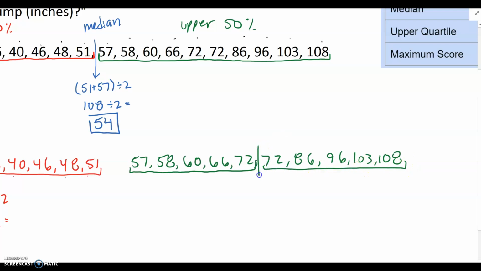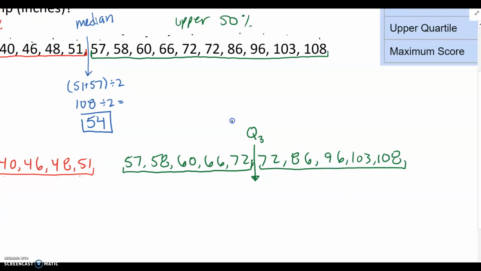So our median is right here, or our median of the median. So this is our upper quartile. Quartile, quarter, fourth. So our upper fourth, right? This splits it into the upper fourth here.